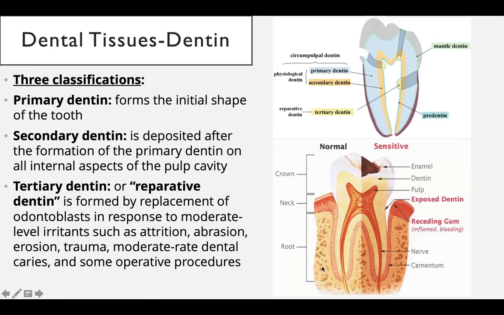So if we already know the normal and the sensitive, we have enamel, dentin, pulp, exposed dentin on the receding gum, inflamed gum, this side, this angle. And then if the dentin is exposed, next to it is the nerve, and then cementum is here. So this will cause sensitivity or pain, in short.